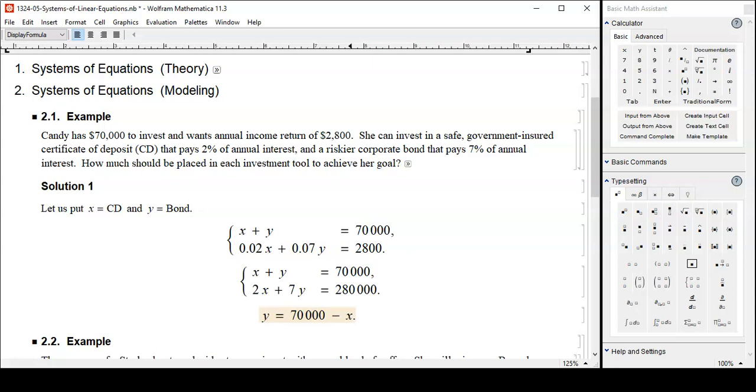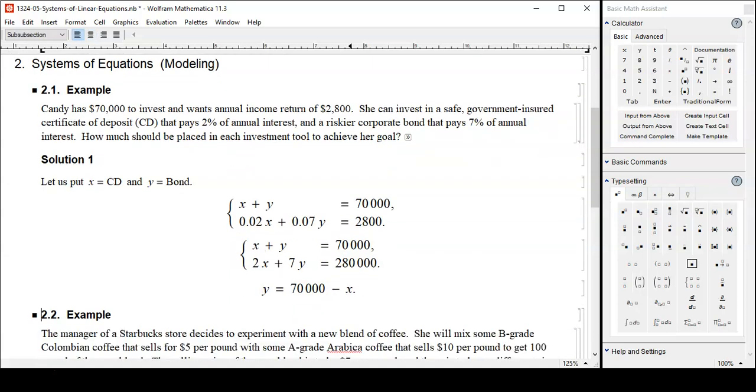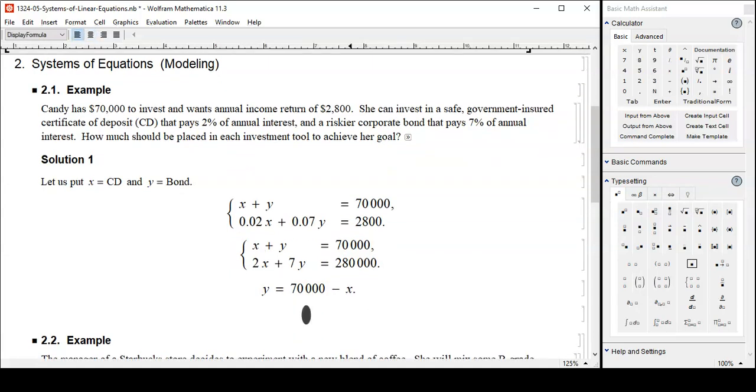And then substitute it into the second equation. We have 2x plus 7y equals 280,000, and this y is 70,000 minus x. So we have this equation to solve.